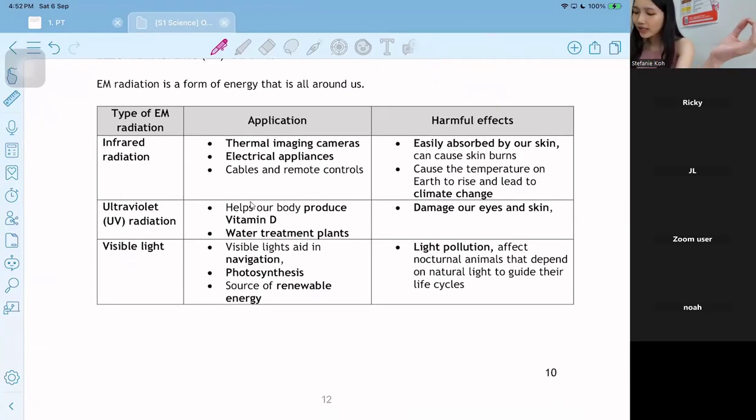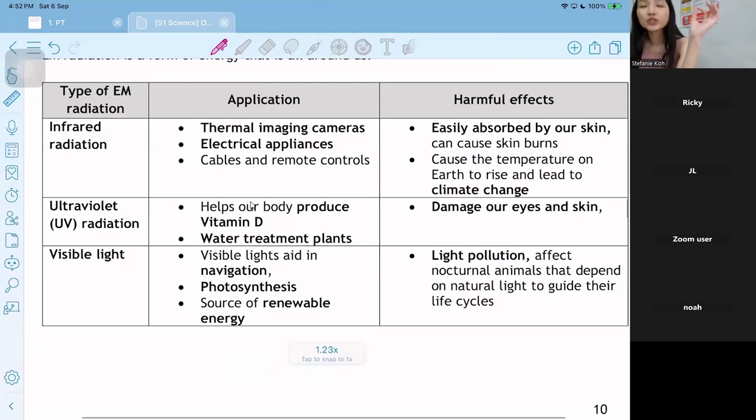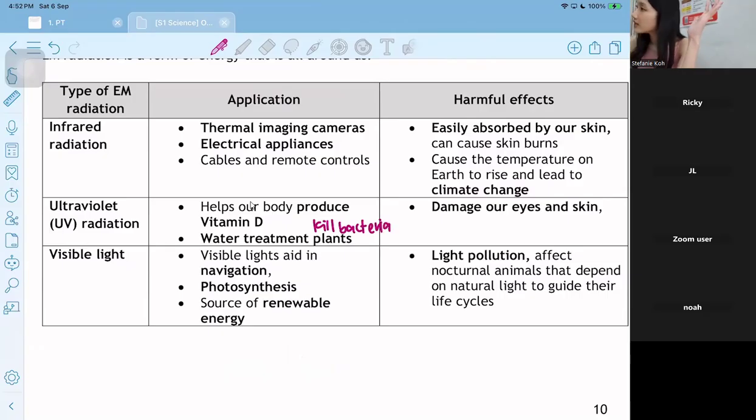And then you have UV light from the sun, etc. It helps to kill bacteria. That's why it's used in NEWater to kill bacteria so that your drinking water is safe. But the harmful effect is that it will damage the DNA in your cells.